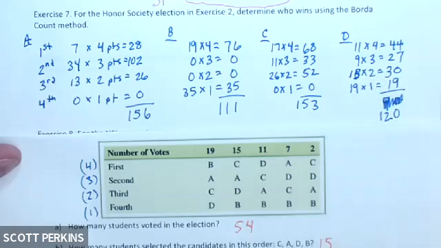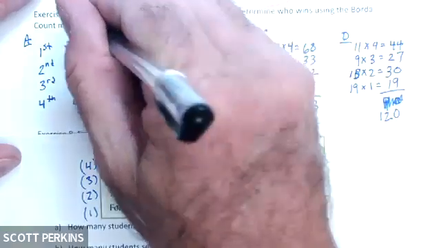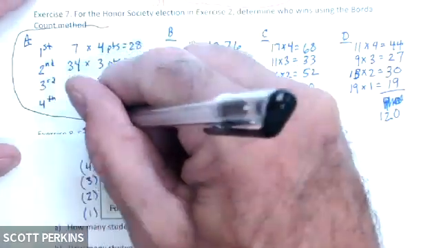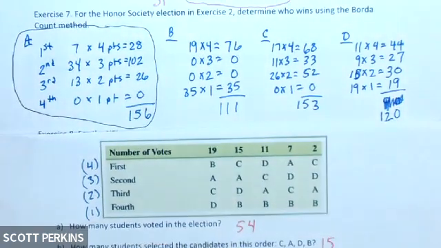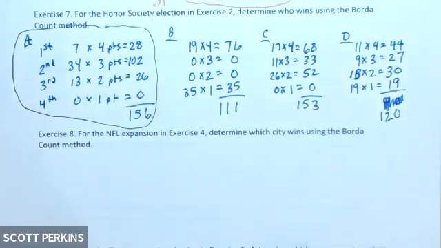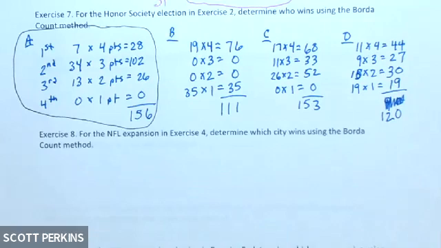So that means if the agreement for this honor society was to do the tally by the Borda count method, then Antoine is going to be the big winner right there. And there we go. Any questions about that? If you do, ask them. I'm going to wander around the class again.